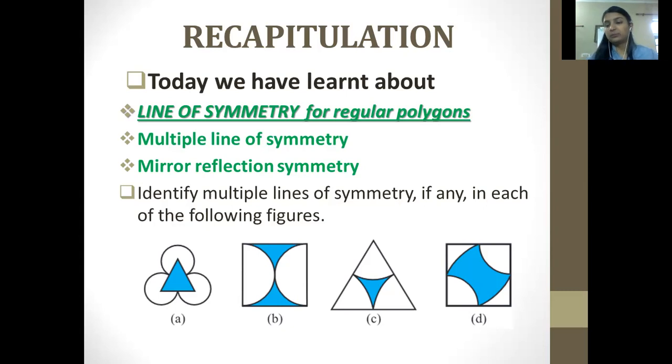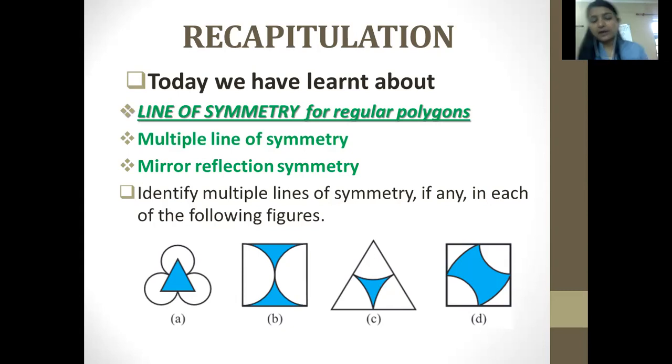It was related to the mirror, where we can take half of anything, like an alphabet or any object. If we keep it on a mirror, we observe that the mirror makes a reflection and completes that object, so it would be considered a line of symmetry. Excellent students, you have all understood it very well.